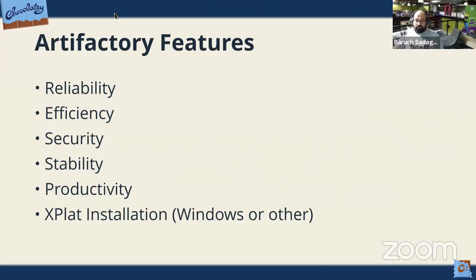And cross-platform installation. Artifactory is written in Java, and that means that it's cross-platform and runs on every operating system. And we have tons of installers for every possible combination that you want. You also don't have to install it at all.